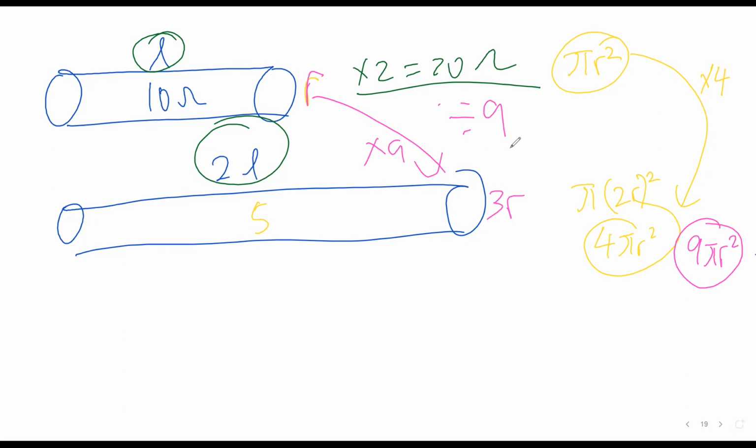Half r, this becomes like 1/2 r. If it's 1/2 r, then how? Do your mathematics again. 1/4. So when you half the radius, your area drops by 4 times.